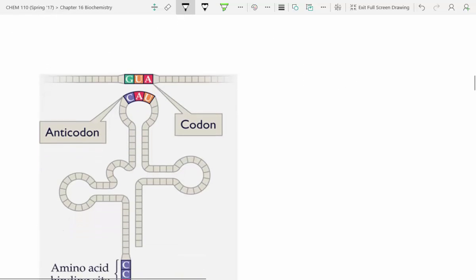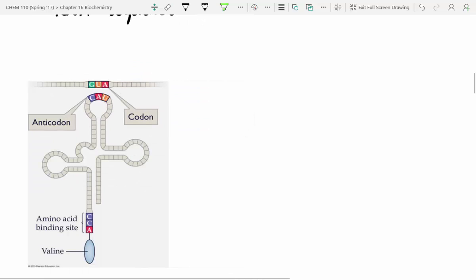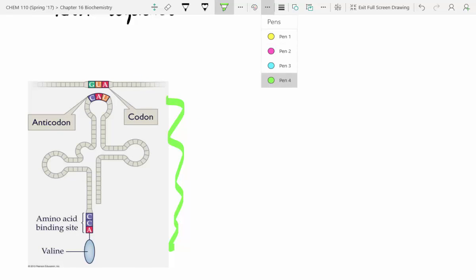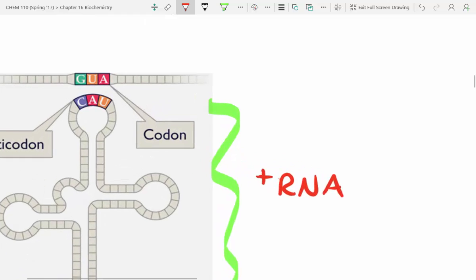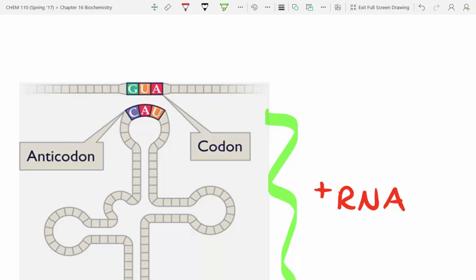Okay, so this molecule right here, kind of this whole lower portion, is our tRNA that's floating around. So this is tRNA, and you can see it's got an anticodon with 3 base pairs. And you can see this C has to match up with the G, U has to match up with an A, and an A has to match up with the U. So they're really selective with where they bind on the messenger RNA.